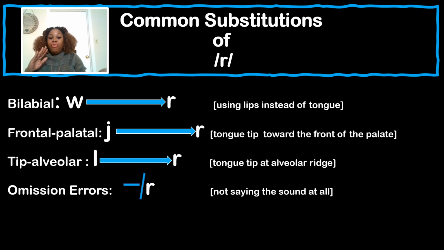Or like before with the L and the central alveolar, now for R they're doing an L, where the tip of the tongue is behind the alveolar ridge rather than curled towards the center of it. So you'll get lead instead of red.